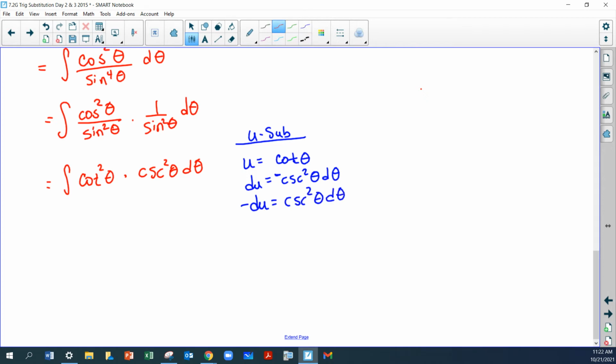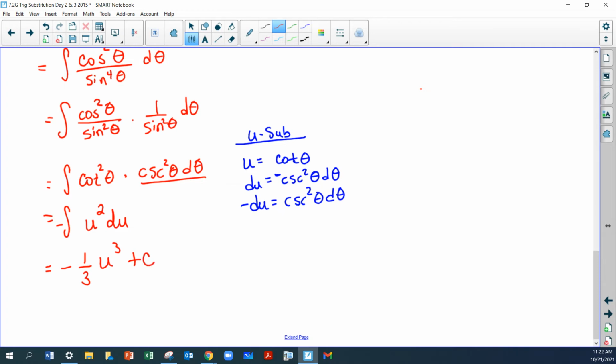Okay, back over, and let's substitute out. Cotan squared is our u. That'll be a u squared. Cosecant squared d theta is a negative du. Oh, this looks simple now, doesn't it? Negative 1/3 u cubed plus c.